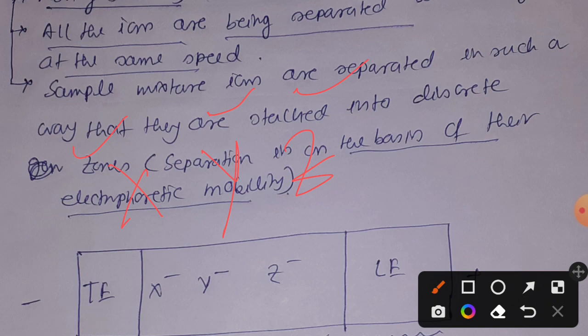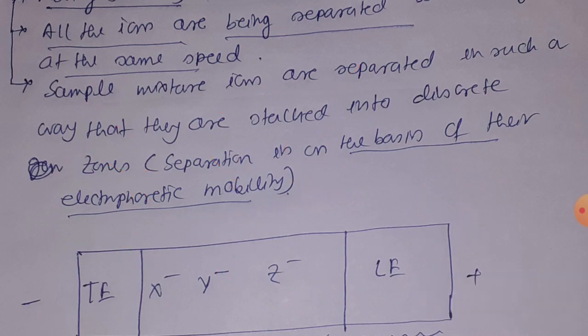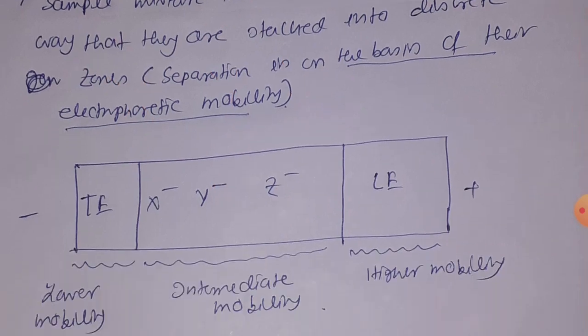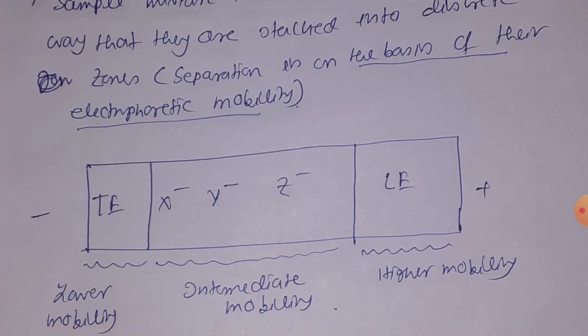And remember, here the sample ions are separated strictly on the basis of their electrophoretic mobility, that is V by E, the migration rate of an ion in the electrical field in which it is migrating.